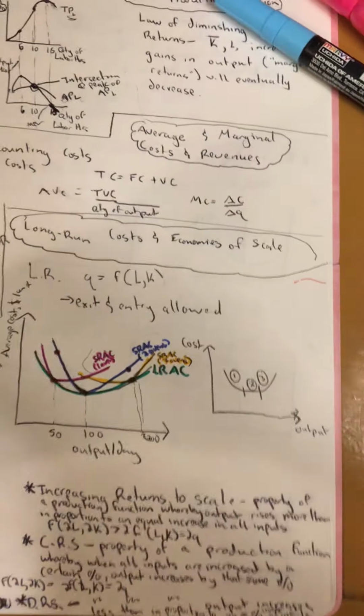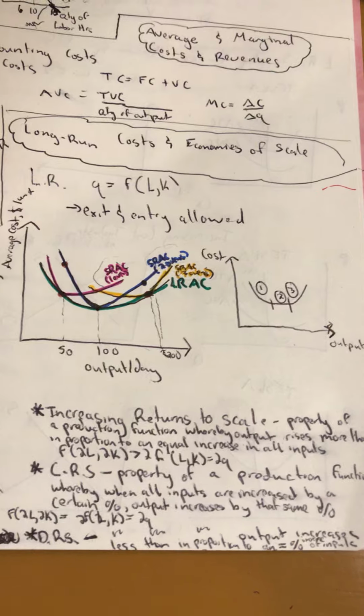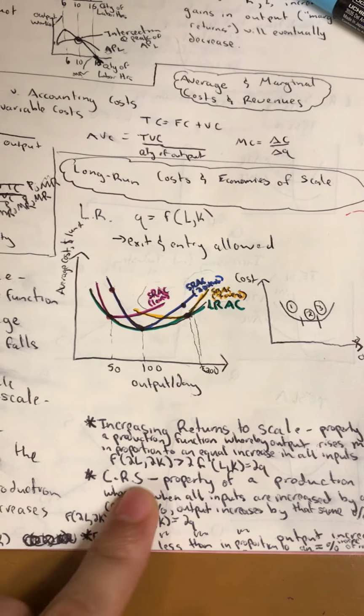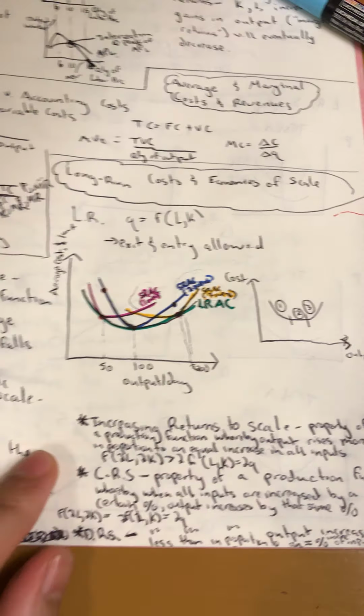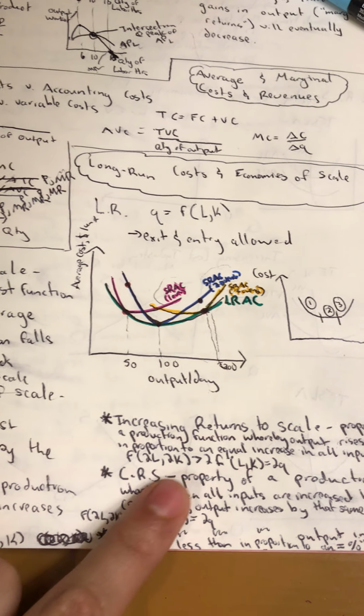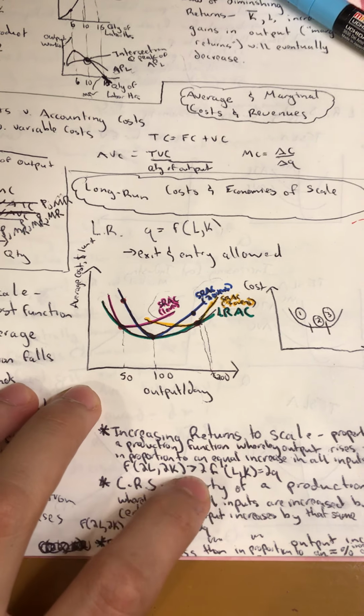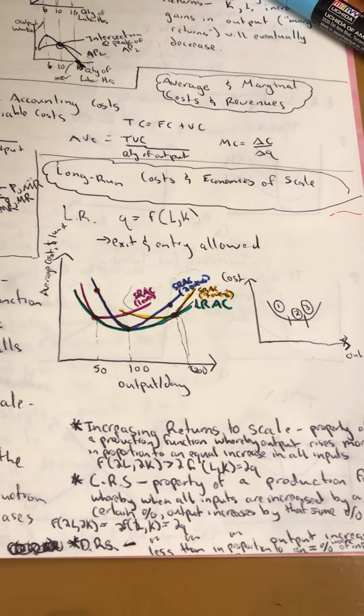So increasing returns to scale happens. It's the property of a production function whereby output rises more than in proportion to an equal increase in all inputs. So if you increased labor by 2 and increased capital by 2, your production may more than double, right? This is what this sort of represents.